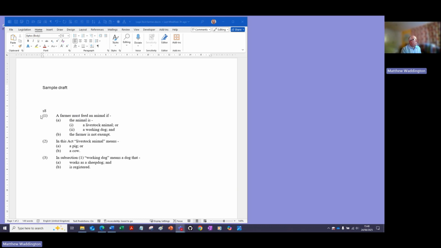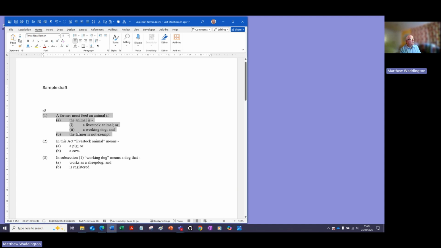So we have a provision, fairly typical, that imposes a duty. It says a farmer must feed an animal, and then that duty is imposed subject to conditions. First, that the animal is either a livestock animal or a working dog, and second, that the farmer is not exempt.